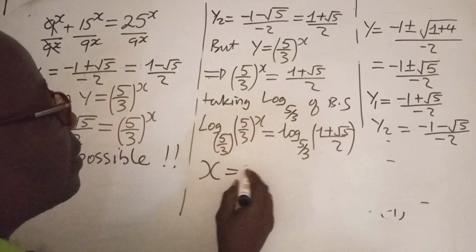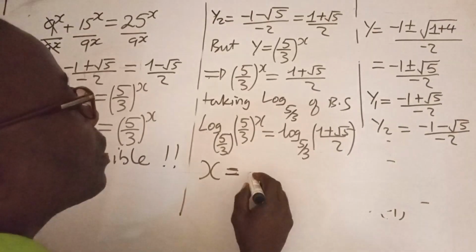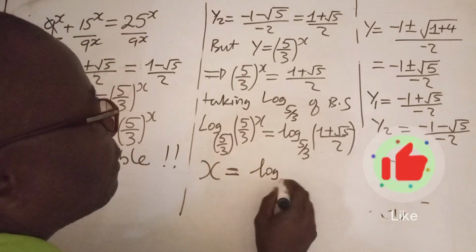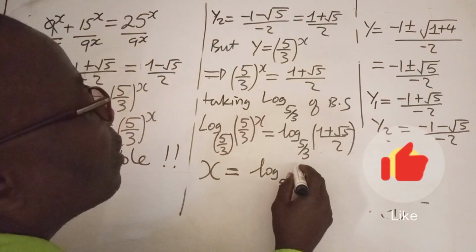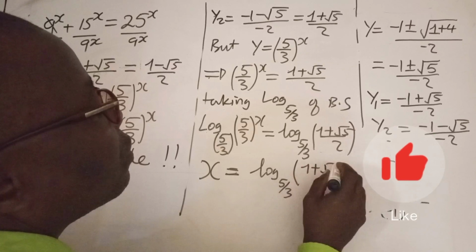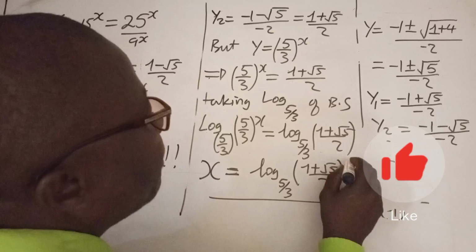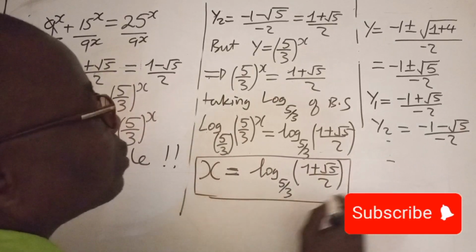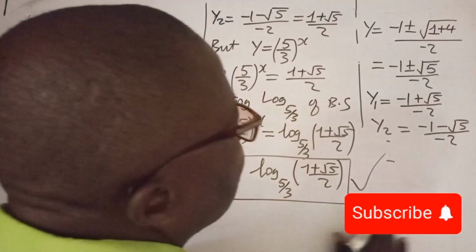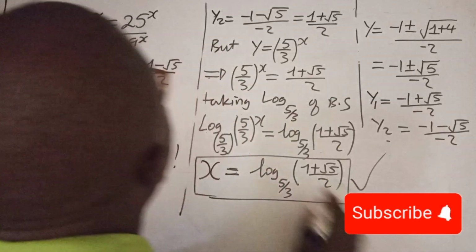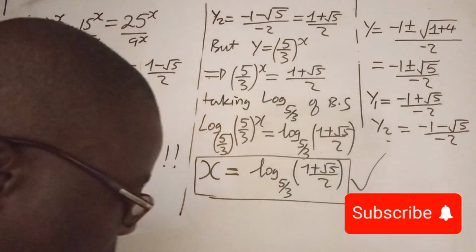This gives us x will be equal to log to the base 5 all over 3 of 1 plus root 5 all over 2. So we have just this solution. This is the solution to our exponential equation.